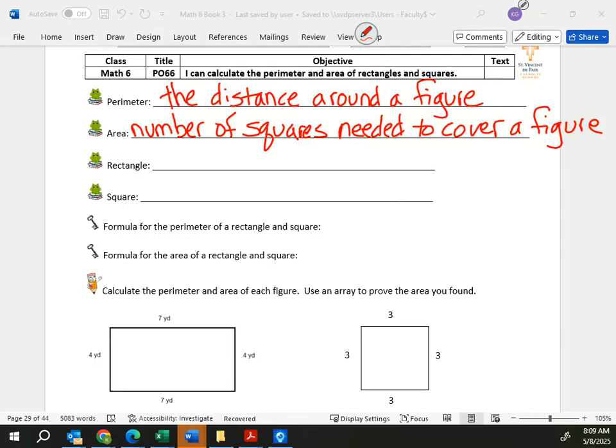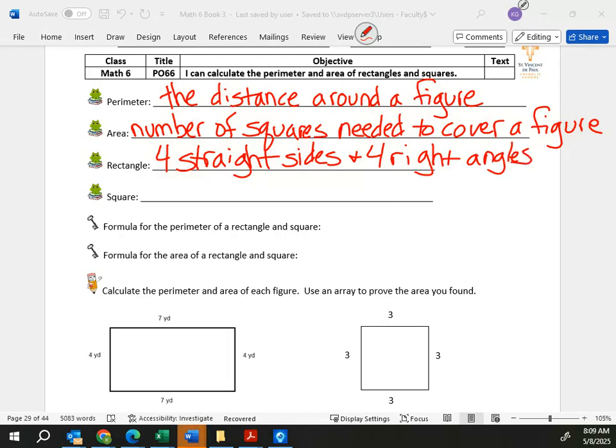The rectangle has 4 straight sides and 4 right angles. The square is super close to that, but it is 4 equal straight sides and 4 right angles.